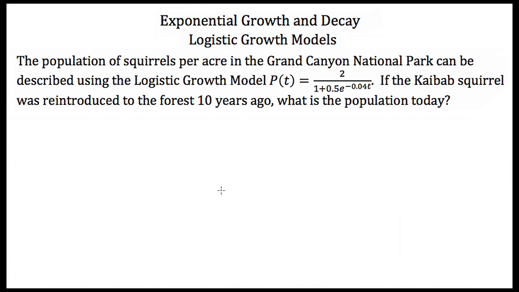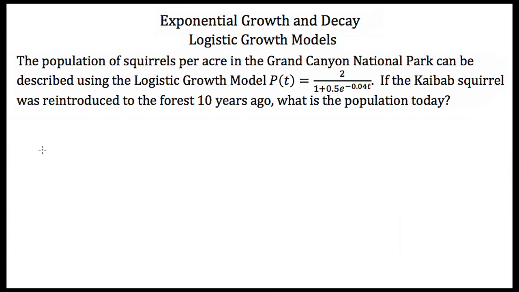So now let's look at an example. Here we're told that the population of squirrels per acre in the Grand Canyon National Park can be described using the logistic growth model: population at time t is equal to 2 over 1 plus 0.5 e to the negative 0.04t. If the Kaibab squirrel was reintroduced to the forest 10 years ago, what is the population today?